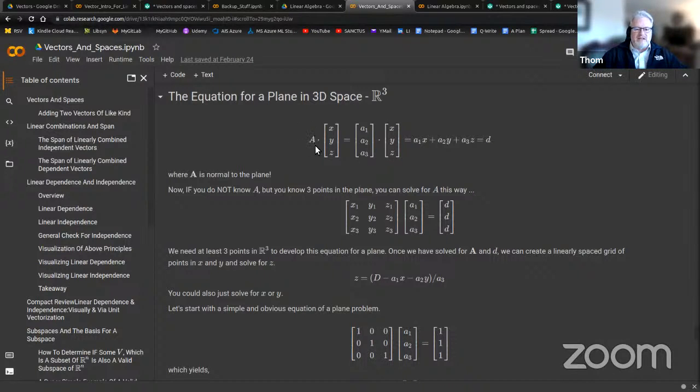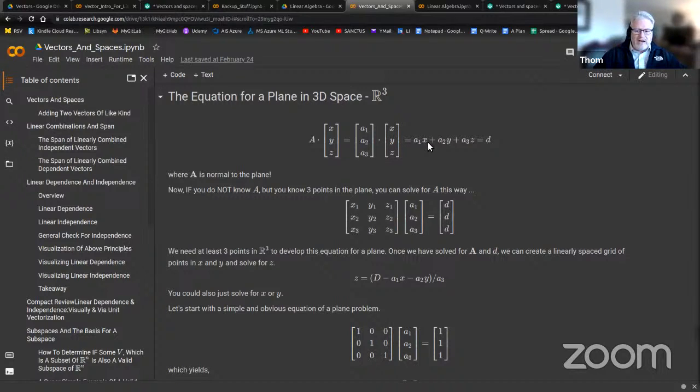So let's look at this case. We've got some column vector A, and we're going to do the dot product of it with 3 points in R3. And we're going to set that to some constant D. Okay. And then A is looking like this: A1, A2, A3. So they do have to be the same dimensions or the same number of elements to be able to do the dot product.